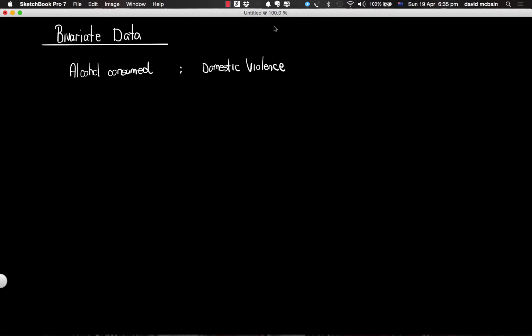And so if we wanted to see if there was some sort of relationship between these two variables, we would do an investigation or a survey of some sort and would come up with some data.